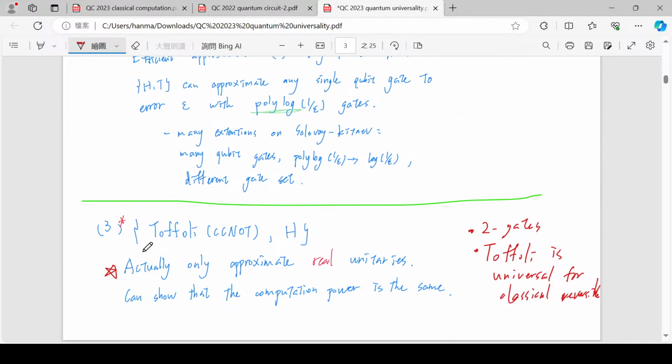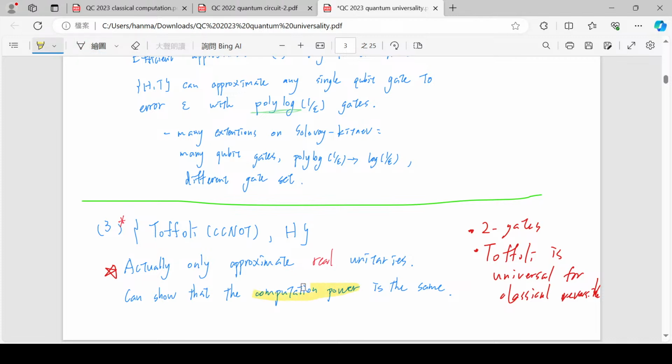So how is it possible for you to approximate any unitary matrix with this? And the answer is you don't. You only approximate a real unitary. Okay. But it's possible to show that the computational power is still the same.